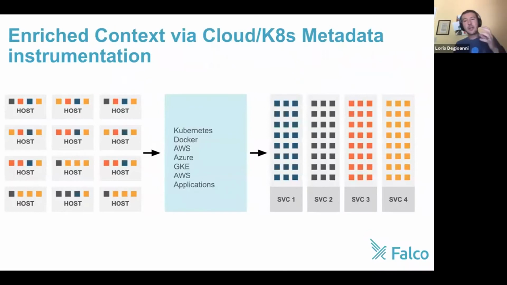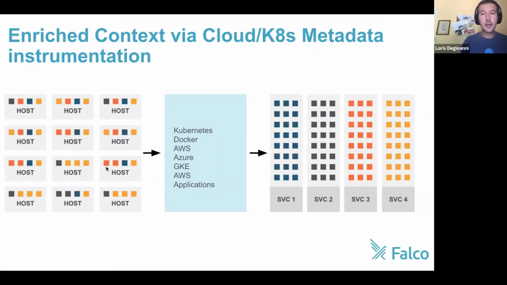When talking about instrumentation, the other thing that is important is metadata collection and applying metadata to the detections. So this slide shows a bunch of hosts, each of which is running 4 containers. And here the color coding is essentially the service that these containers belong to.